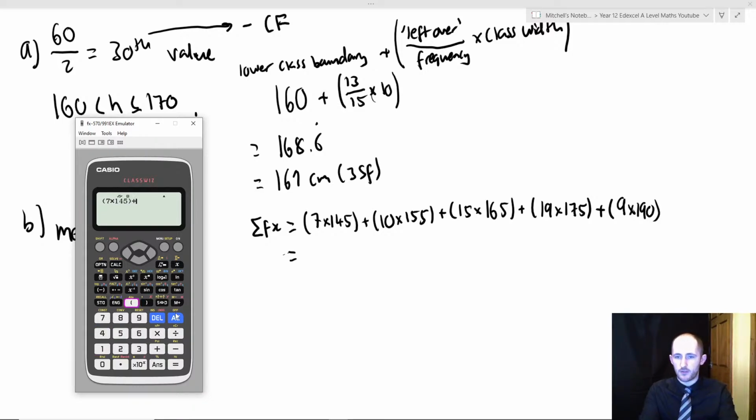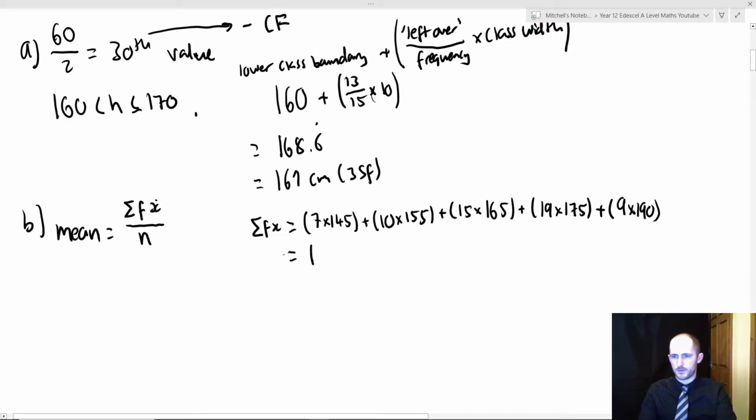Again, I can normally type this a lot faster when I'm on an actual calculator, and that gives me 10,075. I can read, I promise.